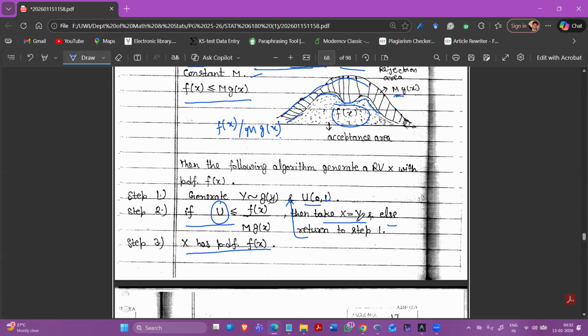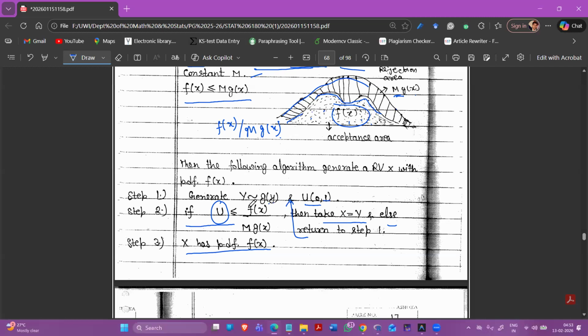I will consider whatever y I generated from g y as my x. Otherwise, the code should go again to the beginning, and it should generate y from g y and u from the uniform, and then again check the condition.